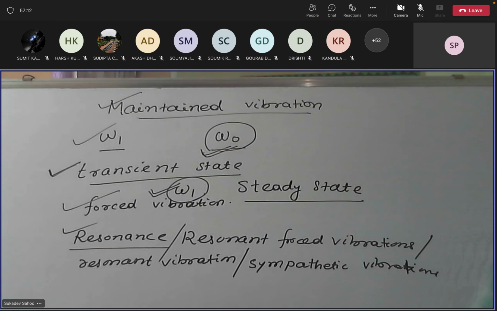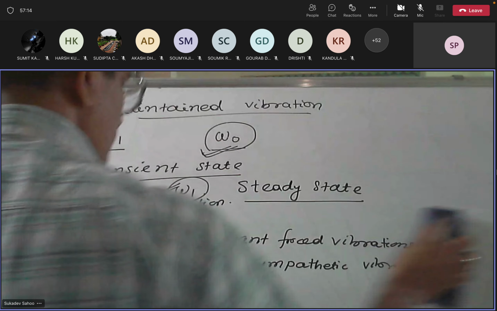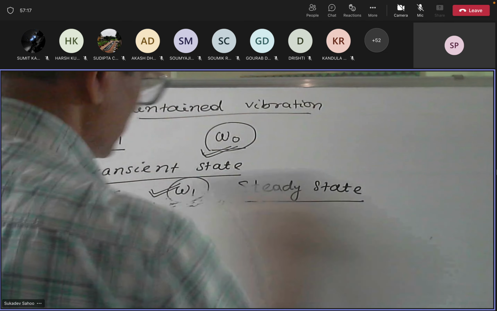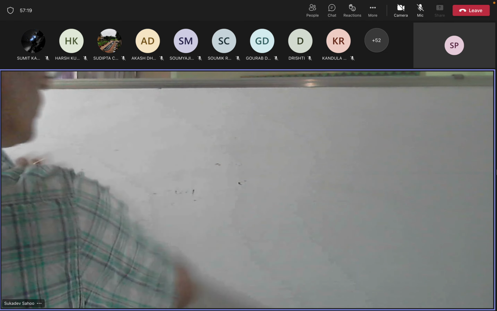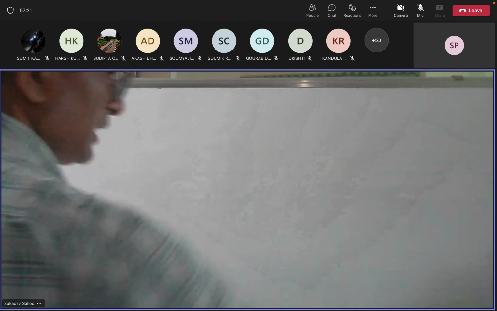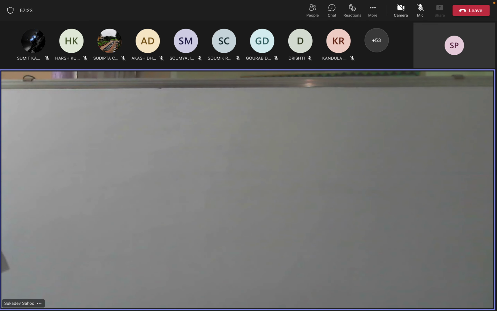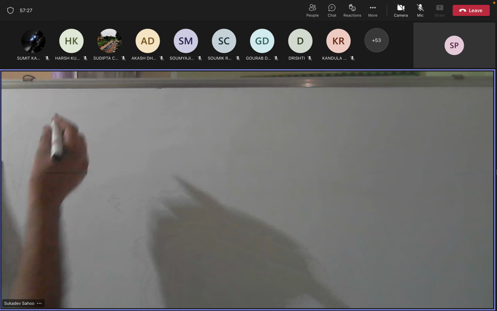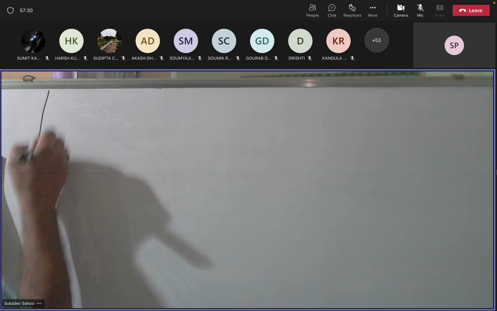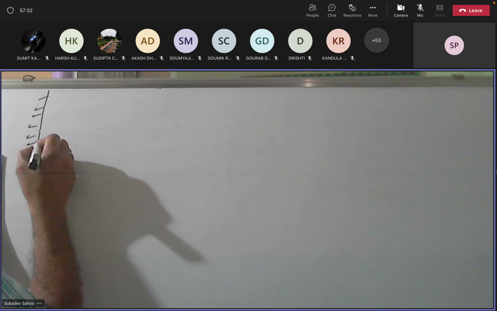Then analytical treatment, like the previous case, mathematical analysis of forced vibration. What we have done in case of a damped oscillation, we have derived the equation of motion, then we have tried to find its solution. Similarly, also here we will do.